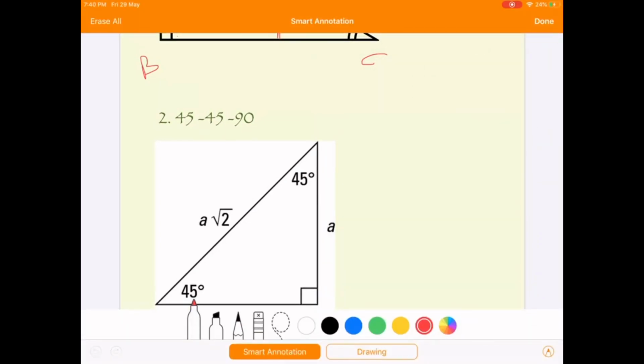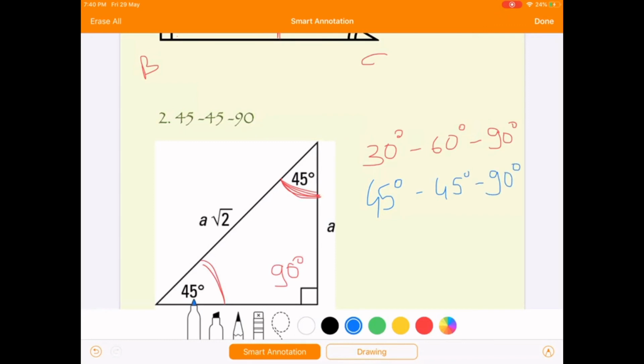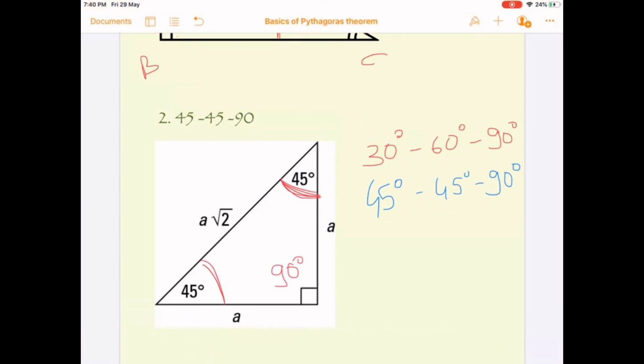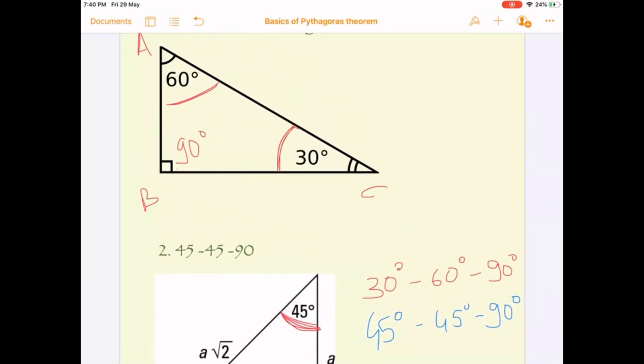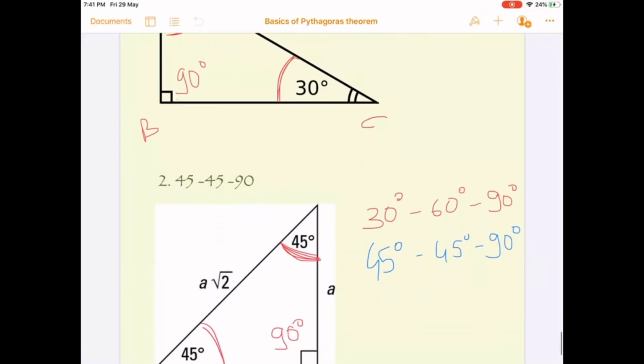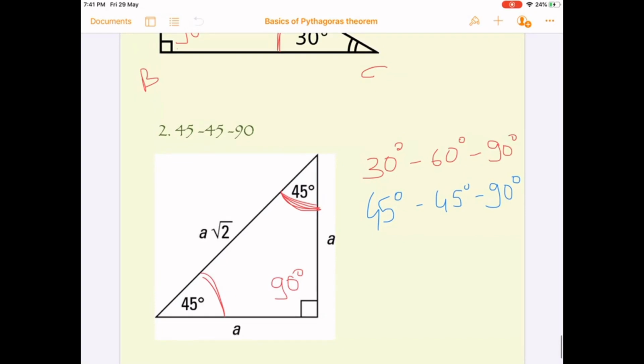In this triangle, this is 45, this is 45 and this is 90 degrees. So this format doesn't change at all. There are only two types. If you form a right angle triangle, it has to be a 30, 60, 90 or a 45, 45, 90 degree triangle.